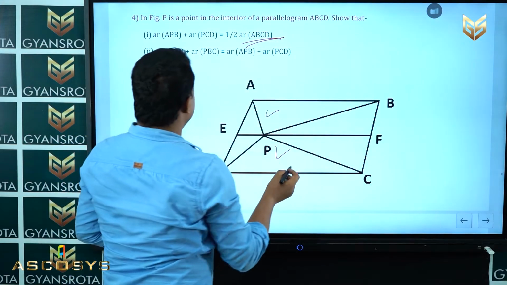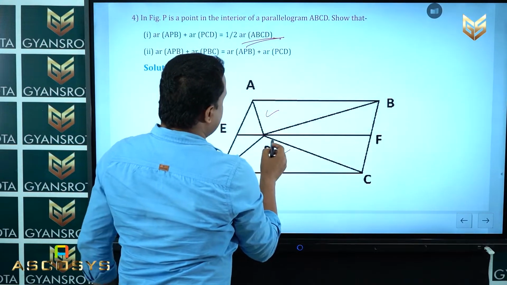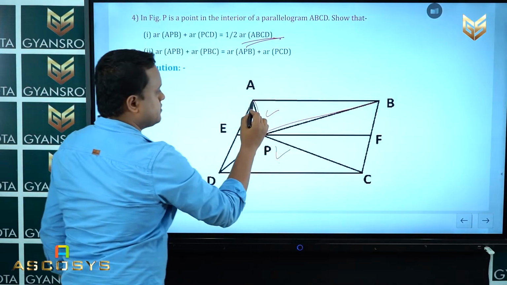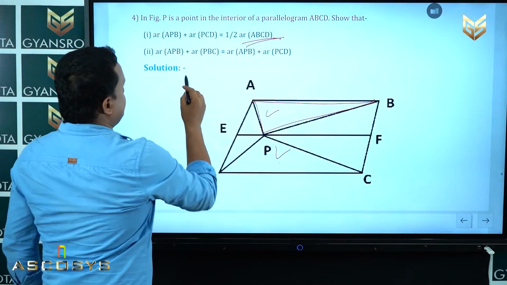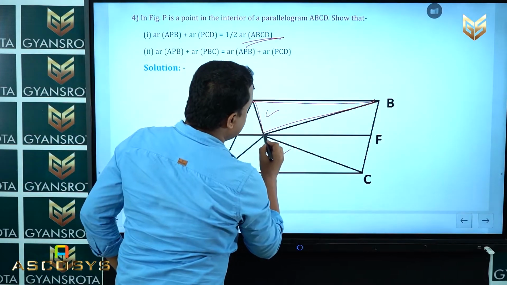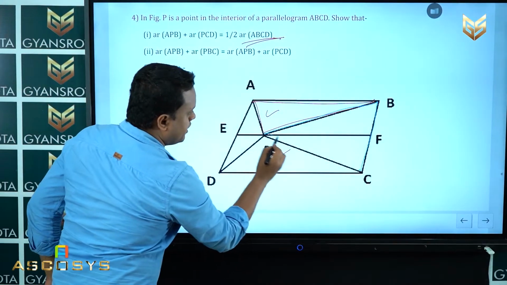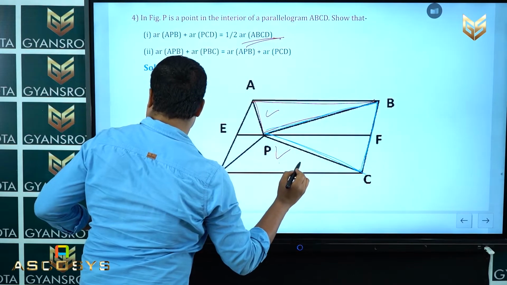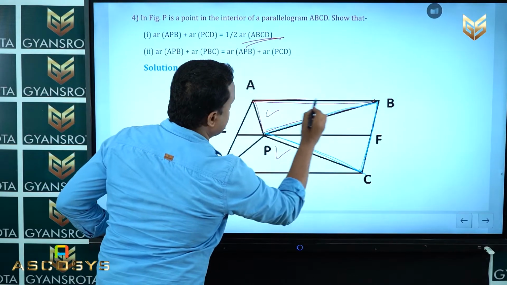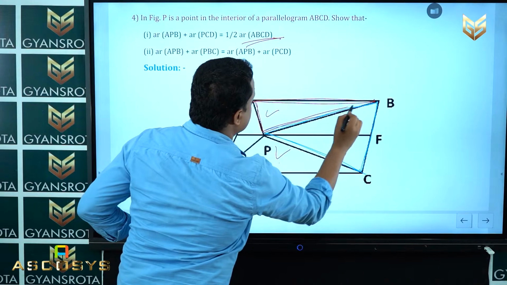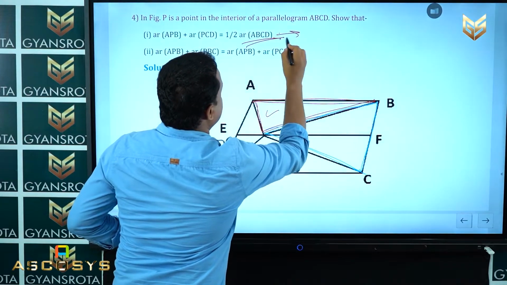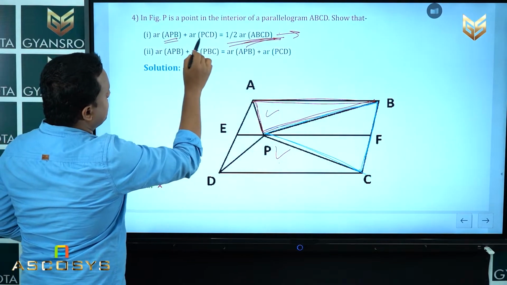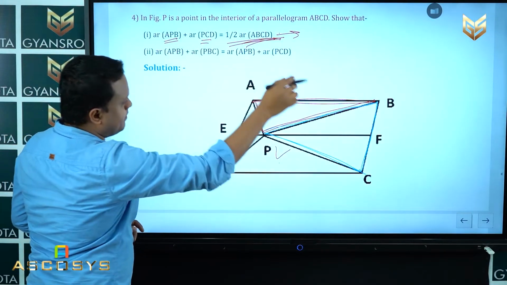Now similarly, if we take this triangle APB and similarly PBC, these two triangles, according to this criterion, the sum of the area of two triangles is equal to half of the area of the parallelogram.